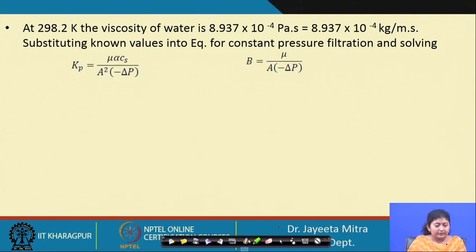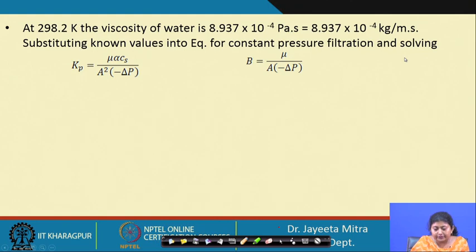Now, we have calculated that Kp and B, then what is the condition given, that at 298.2 Kelvin we need to use the viscosity of the water. This we can get from a chart if not given in an equation. So, this is 8.937 into 10 to the power minus 4 Pascal second.